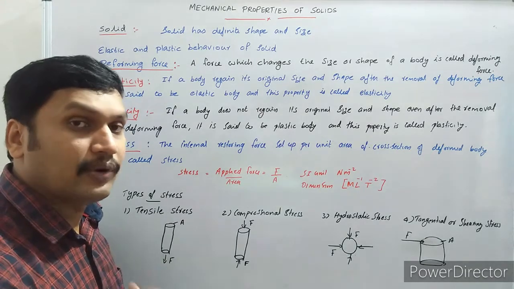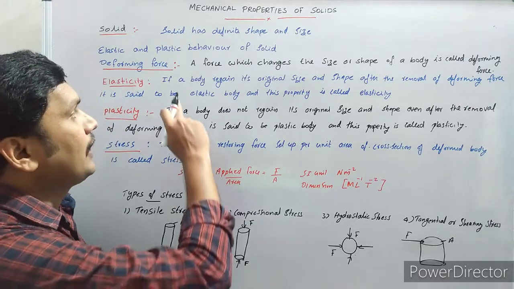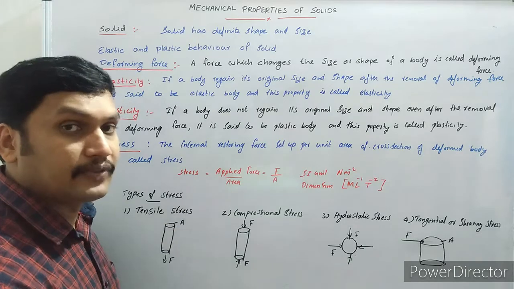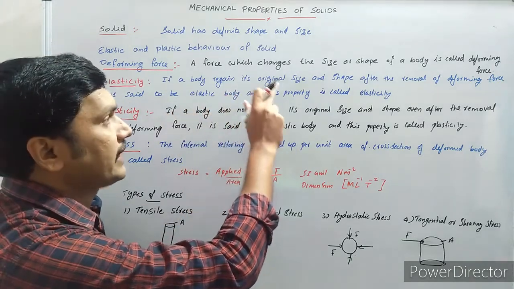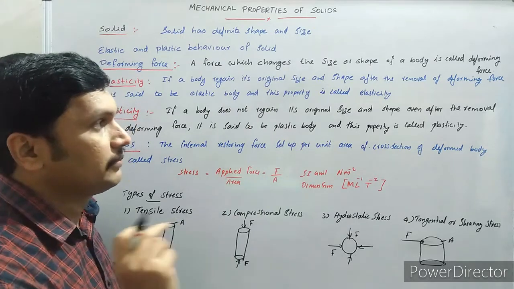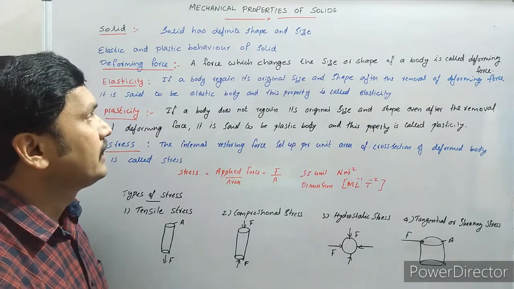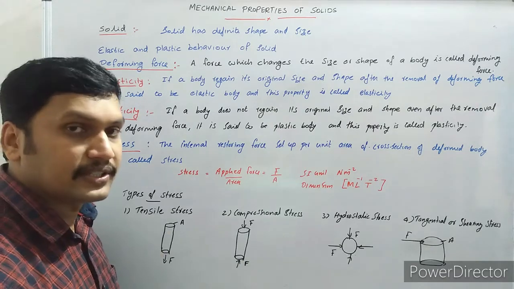Some solids show this property of elasticity: if you apply a deforming force, the size and shape of the body change, but after removal of the deforming force the body regains its original size and shape.